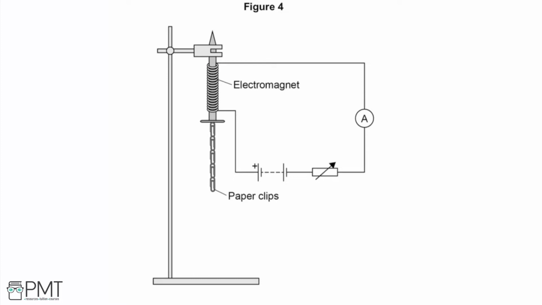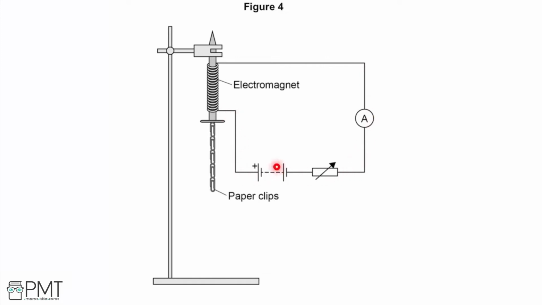So we've got the electromagnet here with the coils of wire, and then we're working out using the experiment to find how the number of turns of wire on the electromagnet is going to affect its strength. So this is what we're going to be changing, the number of coils. And then we have the circuit around here.